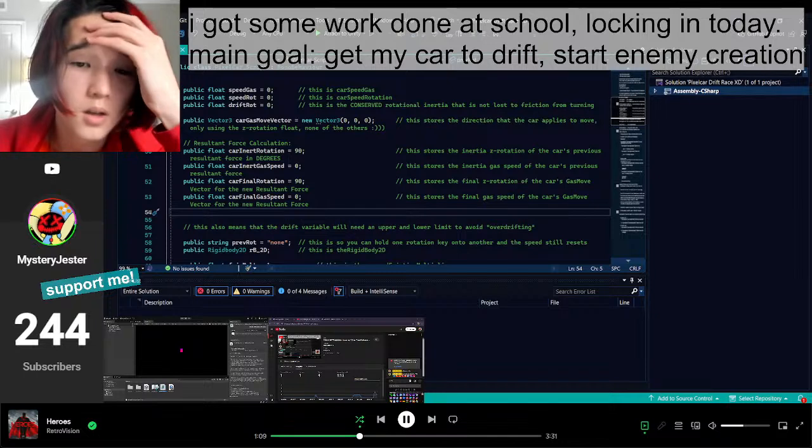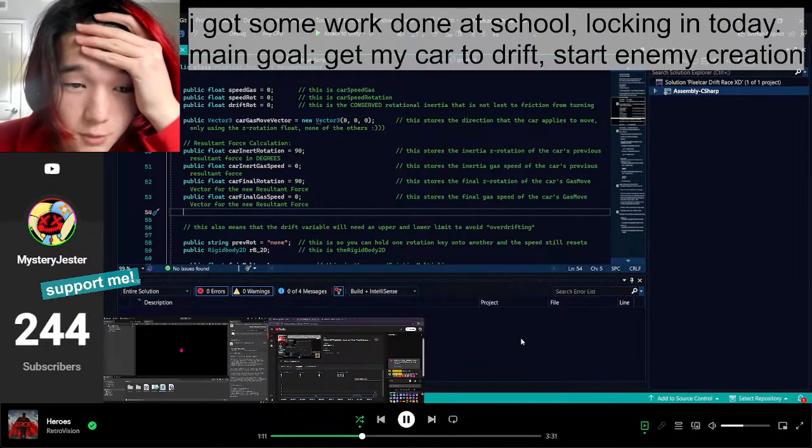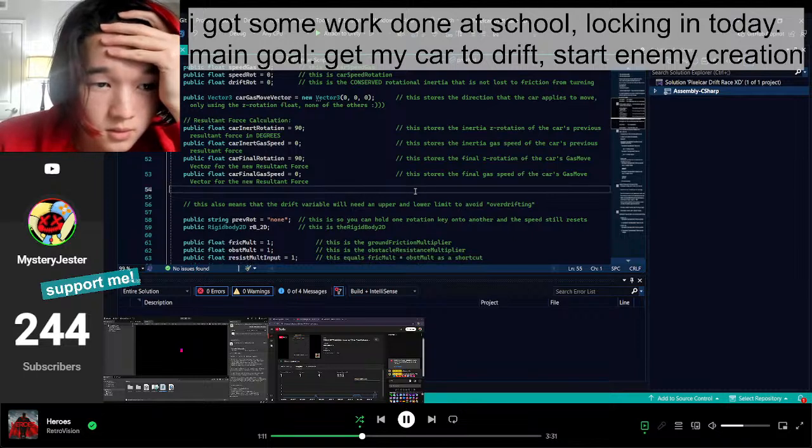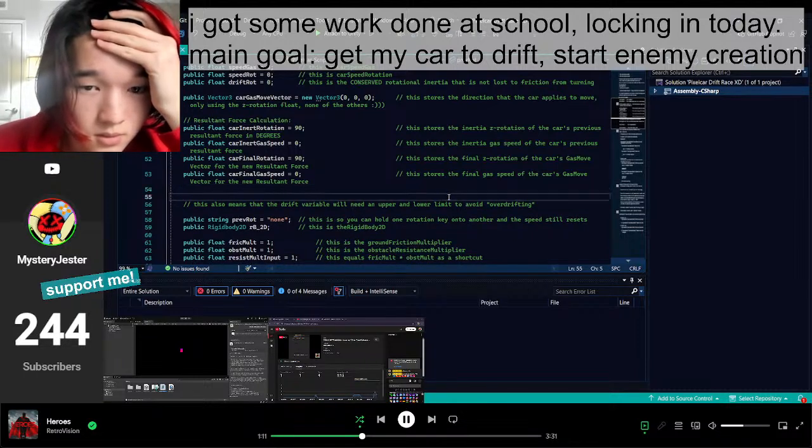Alrighty. Resultant force calculation, why?